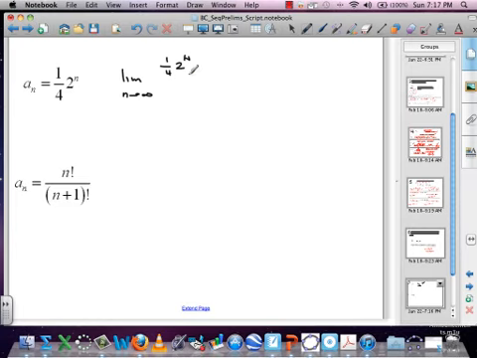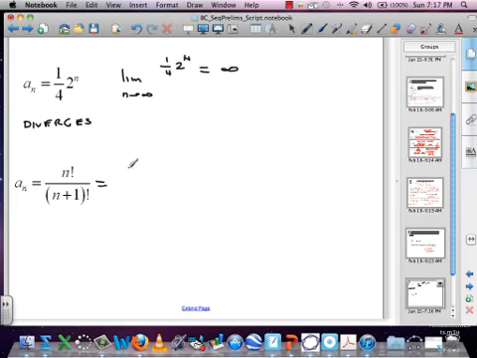Those numbers kept getting larger and larger, and 2 to the infinity is a really big number. Divided by 4, it's still going to be pretty huge. So this limit heads towards infinity, and that's not a finite value, so I would say this sequence diverges. The terms of the sequence, the farther you go down, do not approach a finite value.